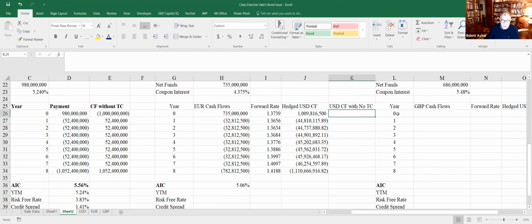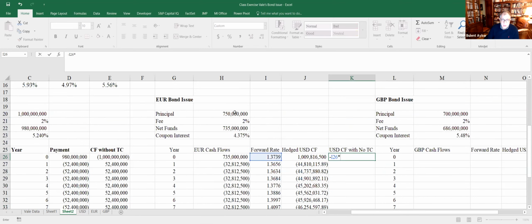In order to calculate the yield to maturity, I need to use US dollar cash flows with no transaction costs. So what we can do again is calculate what the investors would actually pay for this: the spot rate times the face value, because they're paying 750 million euros to purchase this bond.